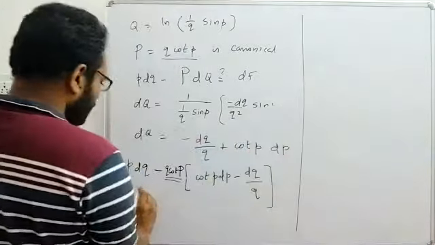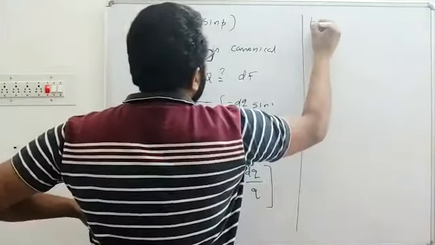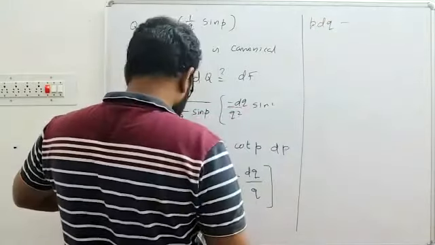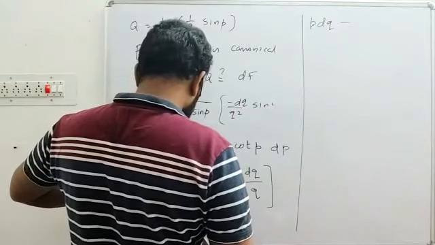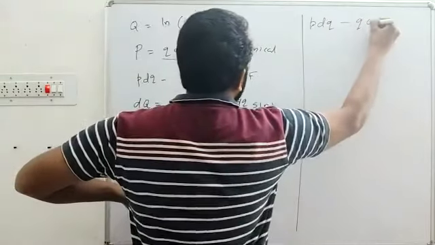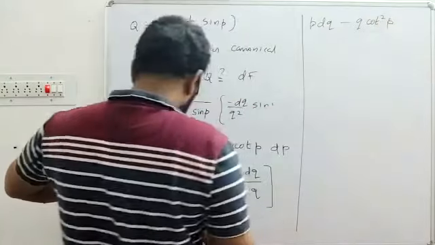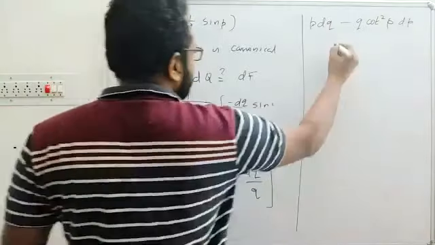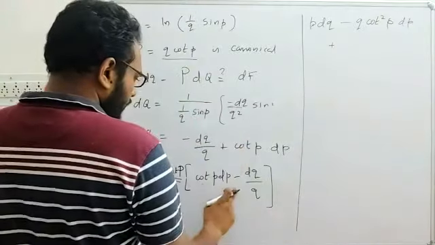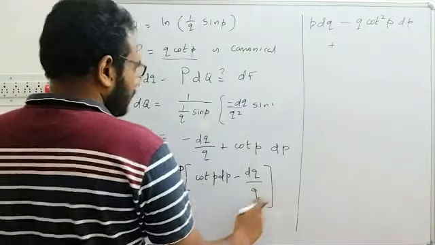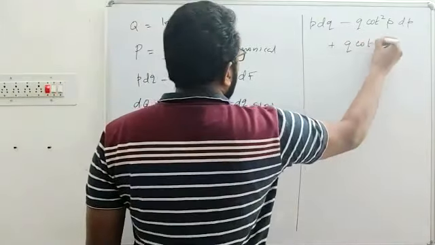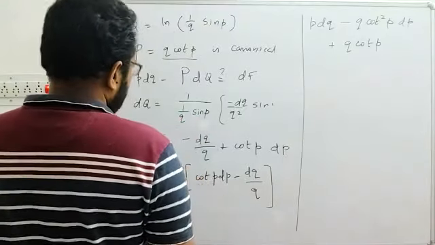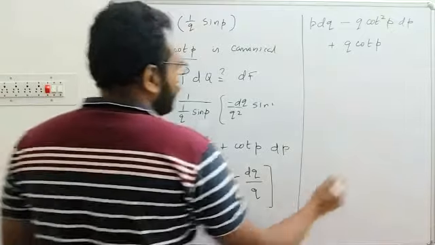This is equal to p dq minus q cot square p dp, plus q cot p dq by q.